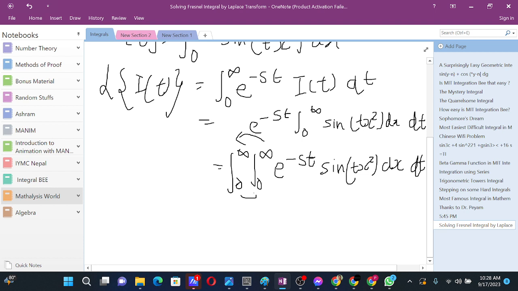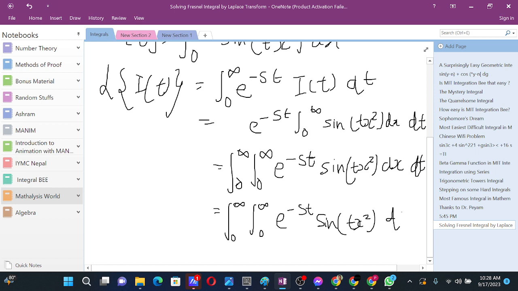This is all supported by Fubini's theorem. So now we change the integrals, and here we have dt for the first integral and dx for the second integral. This is allowed if the limits of the integrals are constants, and for non-constant limits we have some other rules.